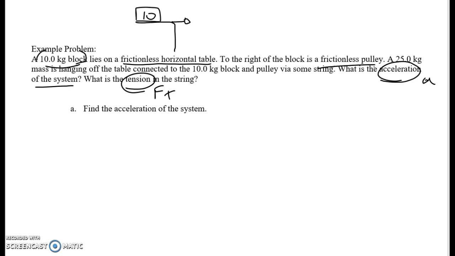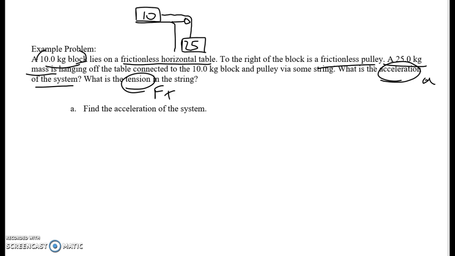And a 25-kilogram mass is hanging off the table connected to the 10-kilogram block and pulley via some string. So the 25-kilogram mass is hanging from the 10-kilogram block and it's connected with string.